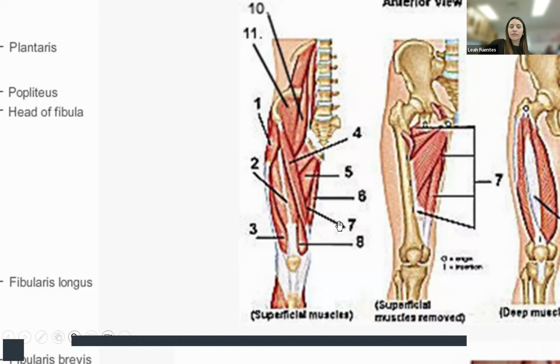Are they called adductor magnus? I believe so, yeah. So you would probably just need to know adductor magnus. They're divided into brevis and longus.